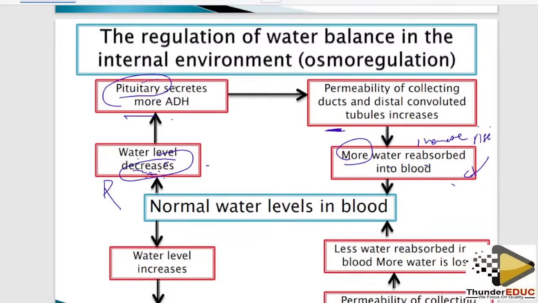Let me give you an example answer. The hormone ADH, antidiuretic hormone, make sure that you know how to write it, is produced by the hypothalamus but is stored in the pituitary gland.